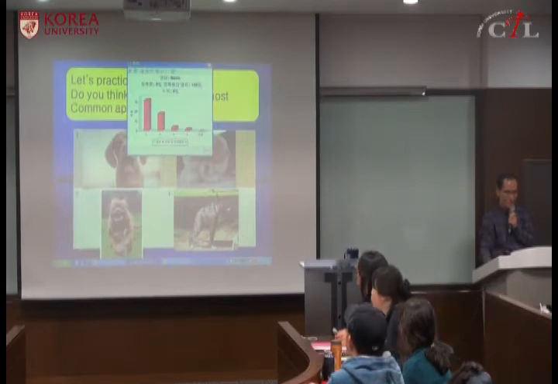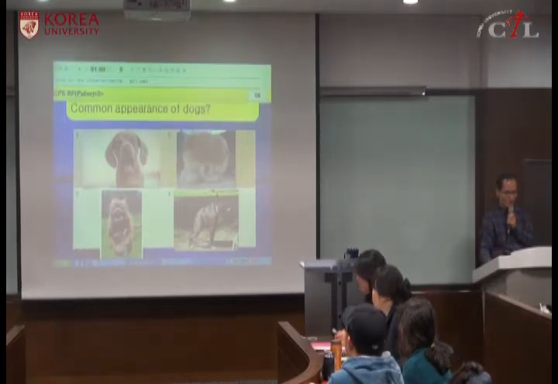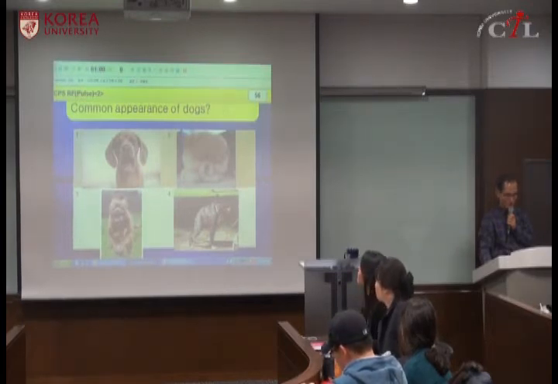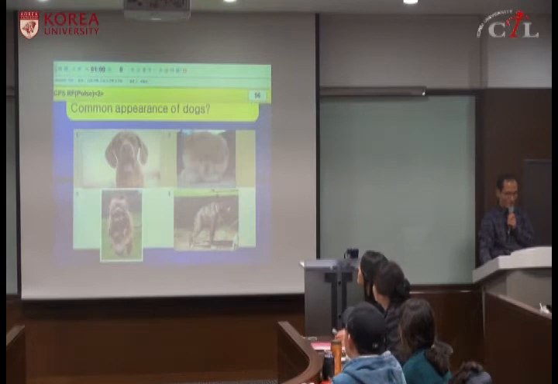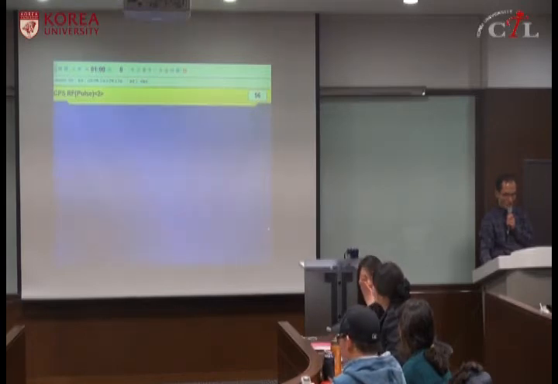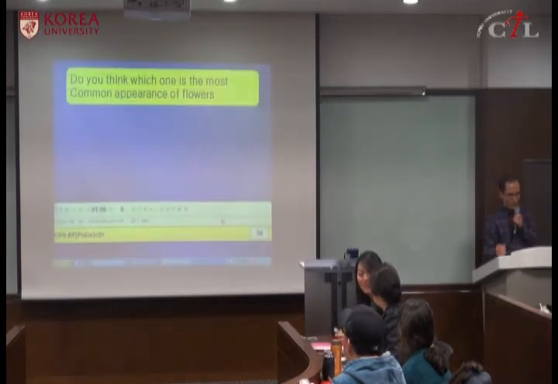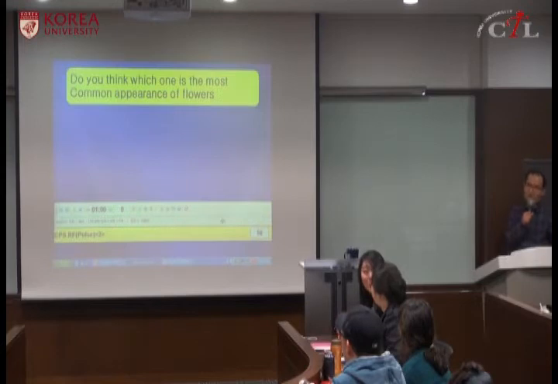More than 50% of students think this is the most common appearance of dog. Let's go to the next question. Which one do you think is the most common appearance of the flower?